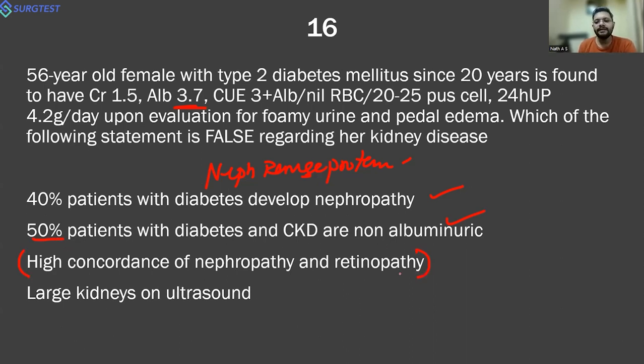That is also there. And this is a very frequently asked MCQ point. More than 90% of patients of type 1 diabetes have concordant retinopathy and nephropathy, whereas only 50 to 60% of patients of type 2 DM will have retinopathy. In Harrison, the number is 60. So just because retinopathy is not there, you cannot rule out nephropathy. That's the message.